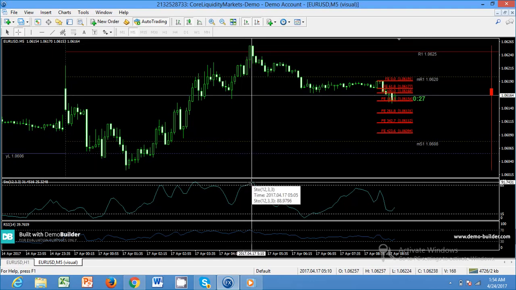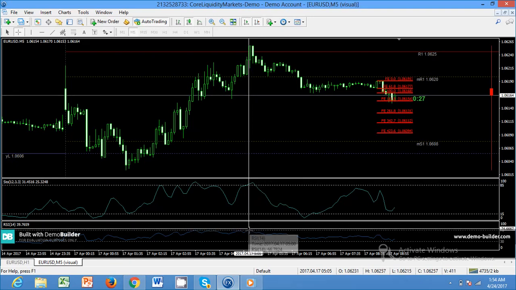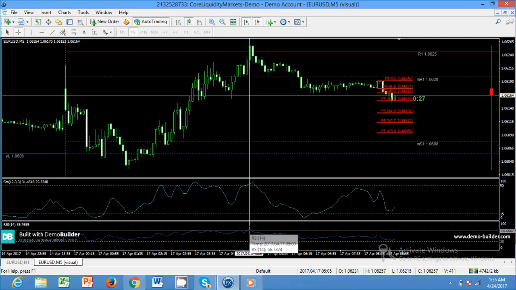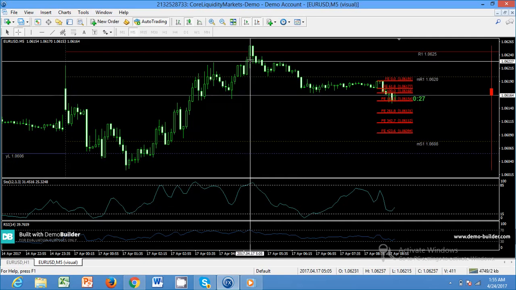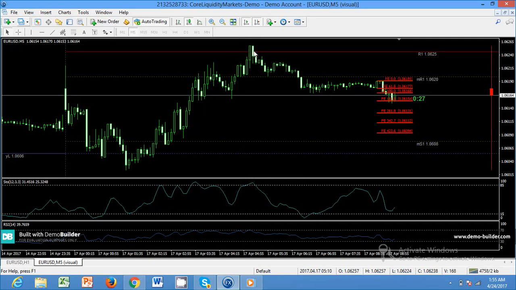It was oversold in the stochastics, and it also just touched the oversold level on the RSI. There are some traders I know that would actually take this trade because this is a very good setup. So you could see immediately price drops all the way down.